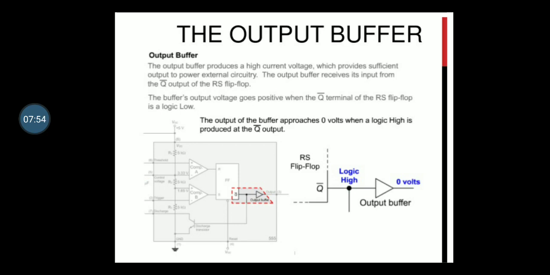The output buffer produces a high current voltage which provides sufficient output to power an external circuit. The output buffer receives its input from the Q bar output of the RS flip-flop. The buffer output goes positive when the Q terminal of the RS flip-flop is a logic low. The output of the buffer approaches 0 volts when a logic high is produced at the Q bar output.